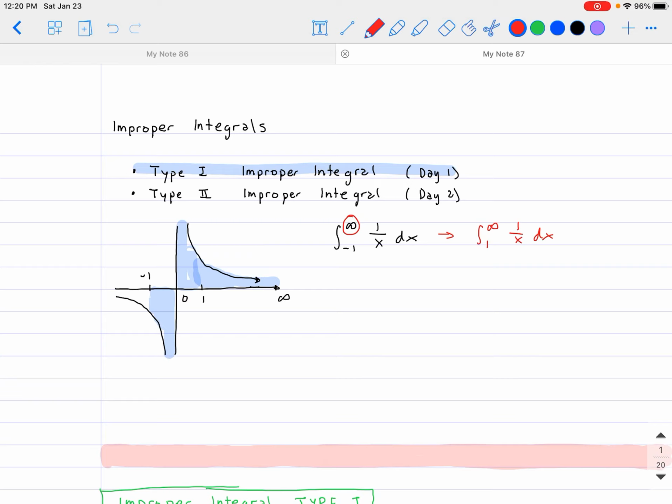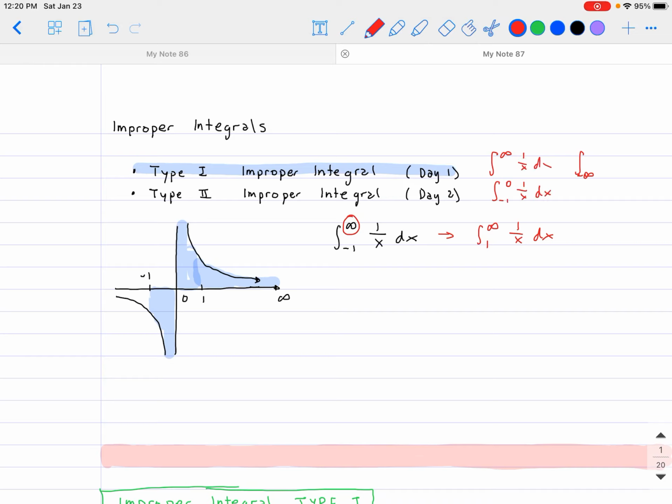The first type that we're going to be looking at, type 1, is what happens when you have an integral that has infinity in it, and how you find the area under the curve. The second type of improper integral is what happens when you have a value that is not continuous somewhere. How do you find the area under the curve then?